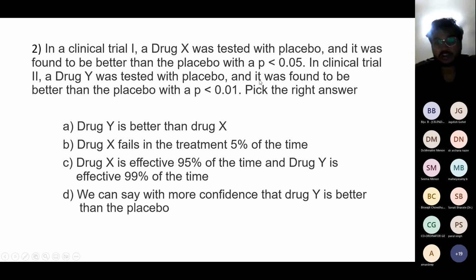But since we are not given those values, we cannot make statements B and C either. We can only say with more confidence that drug Y is better than the placebo, because the p-value for drug Y was less than 0.01 and for drug X it was less than 0.05. The answer here will be D.